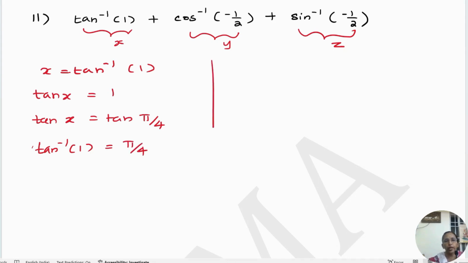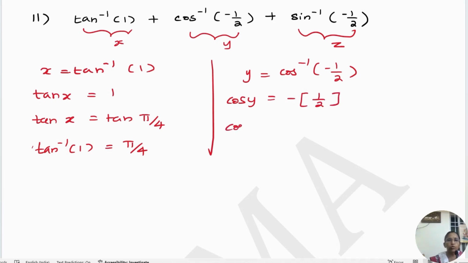And similarly for calculation of y, you can consider y is equal to cos inverse of minus 1 by 2. So cos y is equal to minus 1 by 2. So cos y is equal to minus of cos pi by 3, and cos of pi minus pi by 3 is minus cos pi by 3.